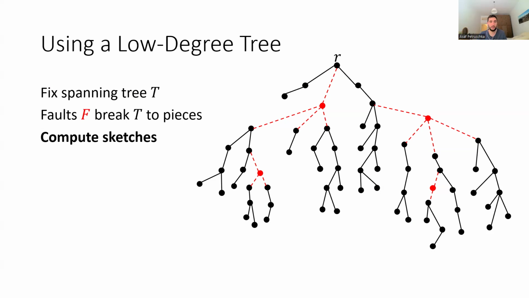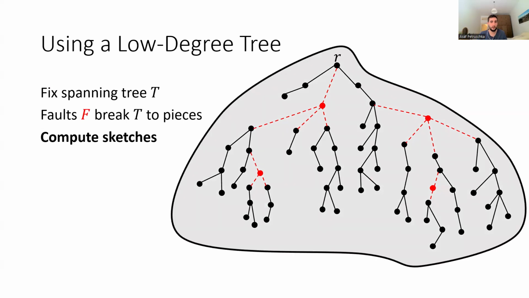So let's consider this first piece that is rooted at the root of the tree, which we denote by R, and all the vertices are its descendants.